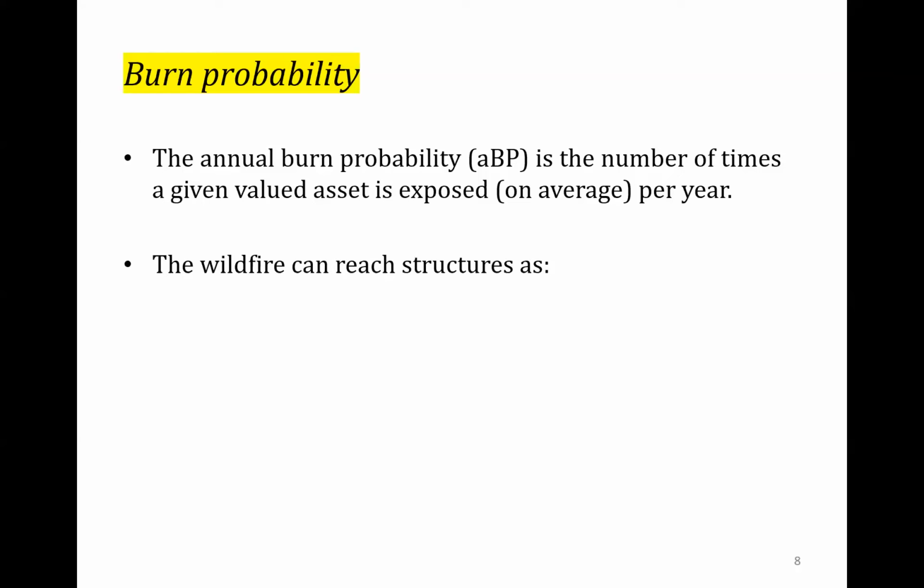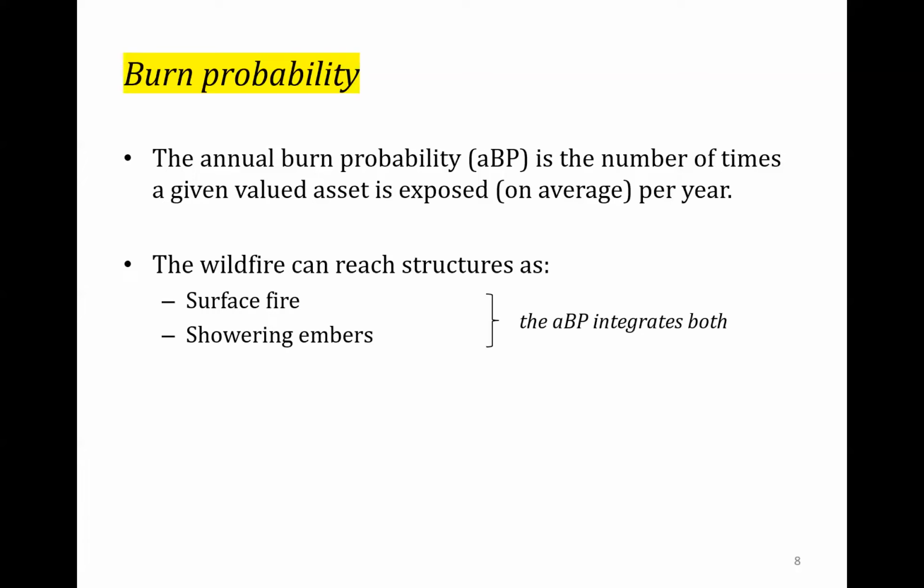And here, as we have seen in the first slides, the wildfire can reach a given structure in different ways. It can reach it as a surface fire, which is the perimeter. It can reach it as showering embers.